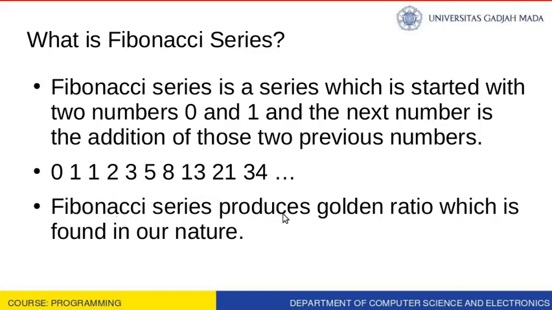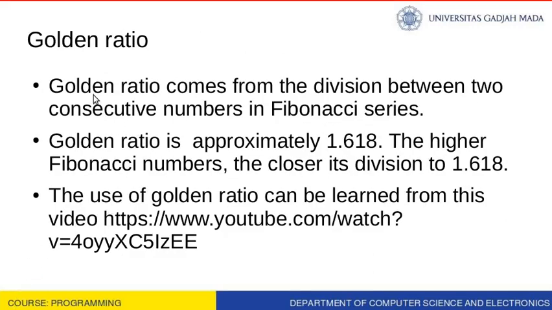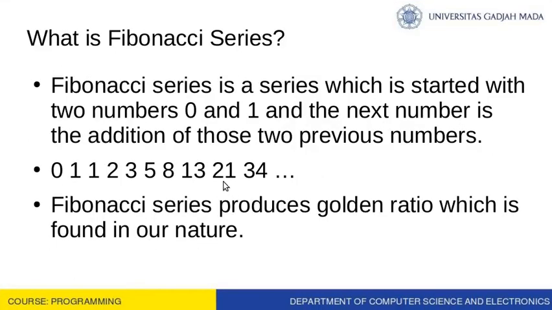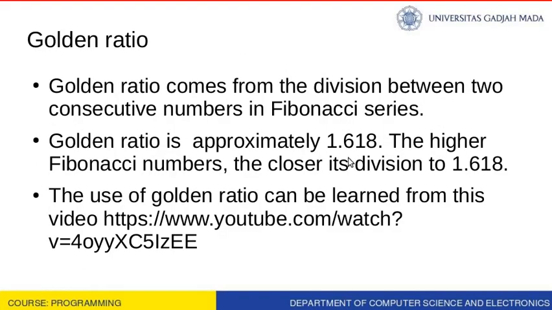Fibonacci series produces golden ratio, which is found in our nature. What is golden ratio? You can explore by yourself. So golden ratio comes from the division between two consecutive numbers in Fibonacci series. Okay, so 21 divided by 13, 34 divided by 21, it will be near to these values.